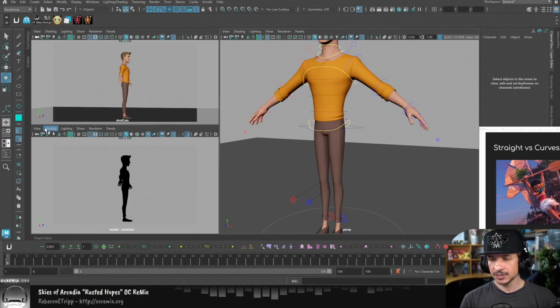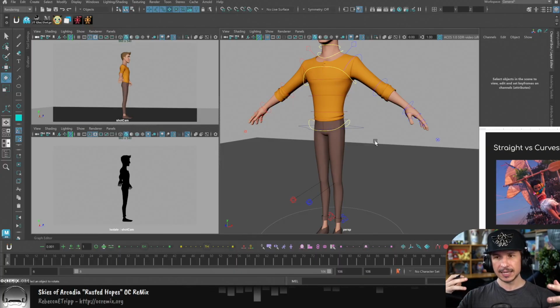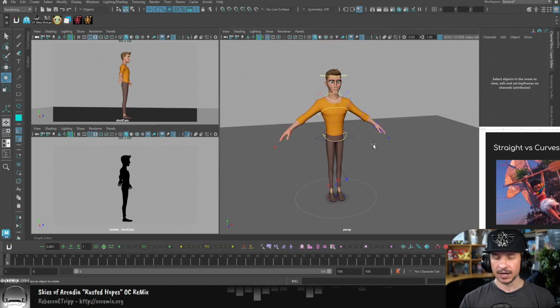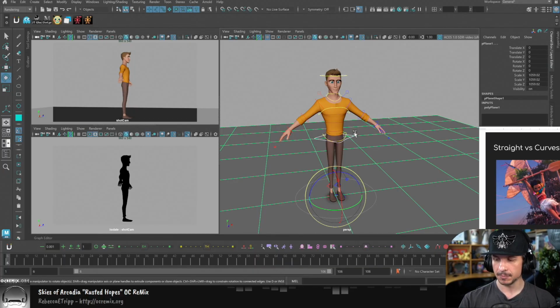Okay. So with this pose, one of the first things that I want to do is start with the core of the character. Now, when you're looking at a character, oftentimes it can be hard to know which controls to use. And for me, typically the cog is going to be the most important.